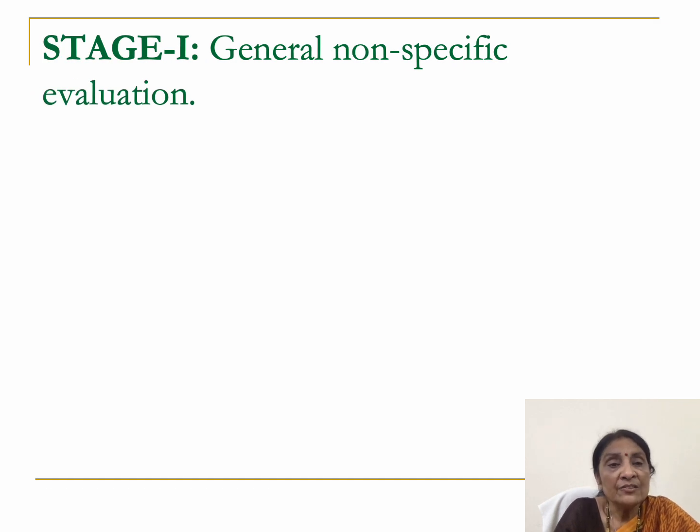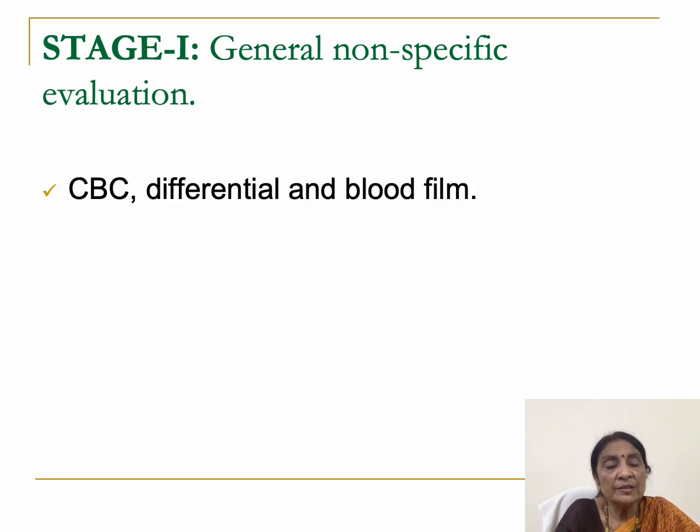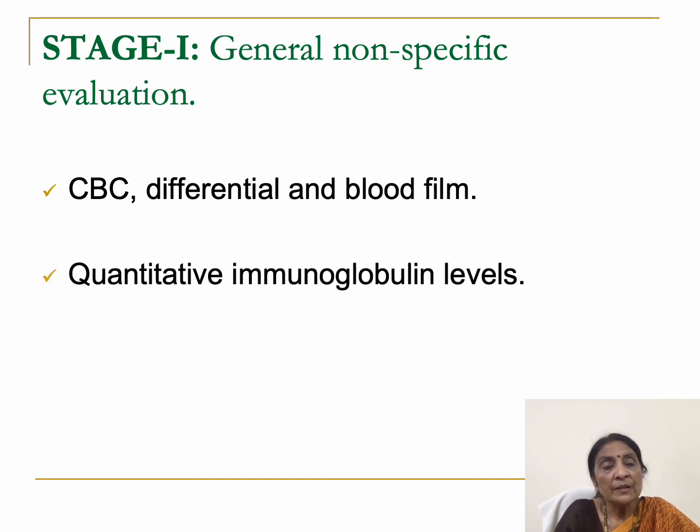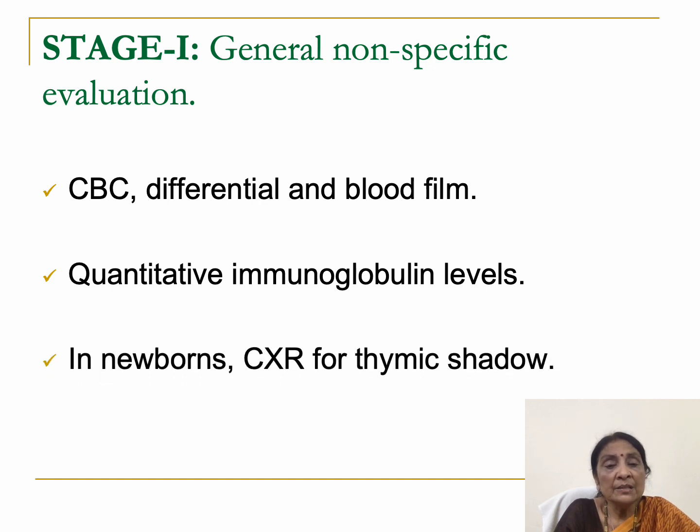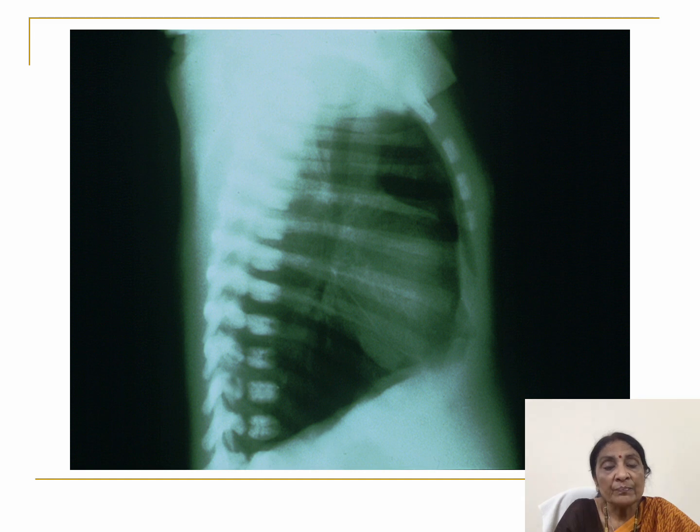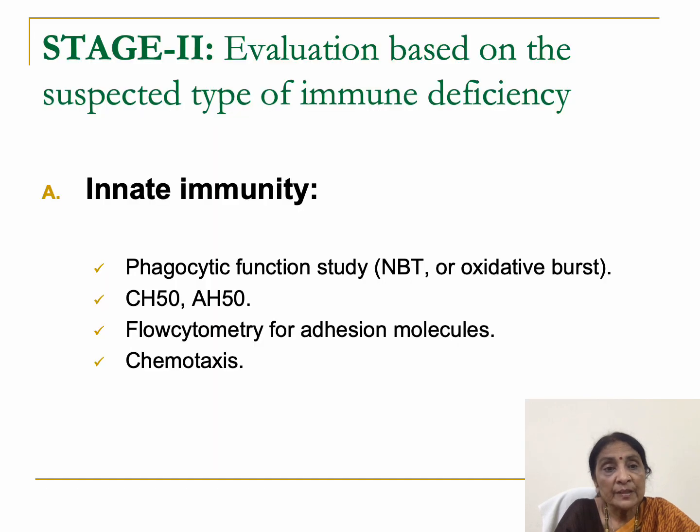Stage 1 is general non-specific evaluation: the CBC, differential counts and blood film examination, quantitative immunoglobulin level estimation, and in newborns a chest X-ray for thymic shadow. This is a chest X-ray of a newborn, and you don't see a thymic shadow here.